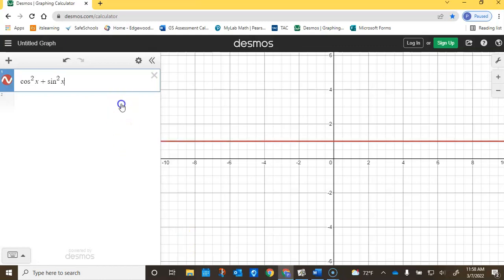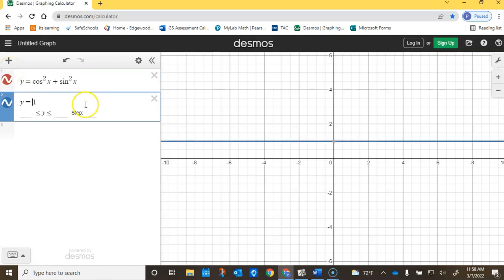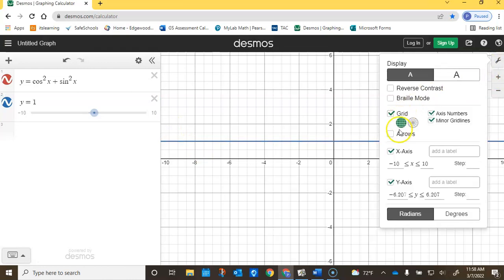And then on the second graph, we're going to type in the right side, which is 1. And what you should see is that they are the same graph, okay? Now remember that your Desmos defaults to radians. If you did it in degrees, it's still the same thing. So this is in fact true.